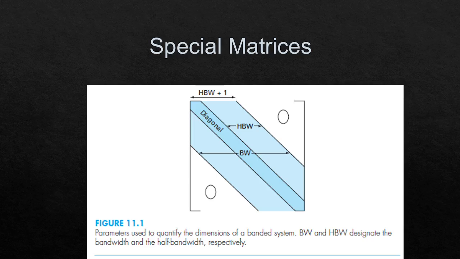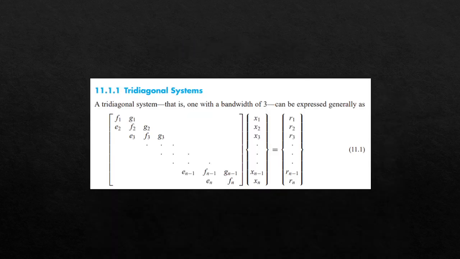In figure 11.1, the parameters used to quantify the dimension of the banded system, we have BW and HBW designated as the bandwidth and the half bandwidth. Then we have tri-diagonal systems.